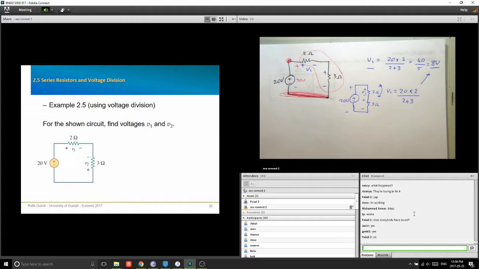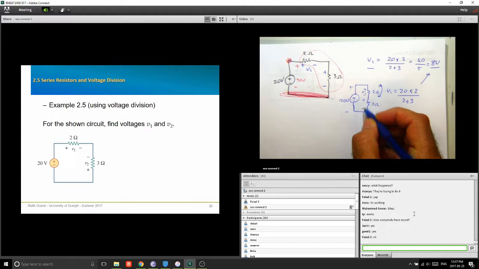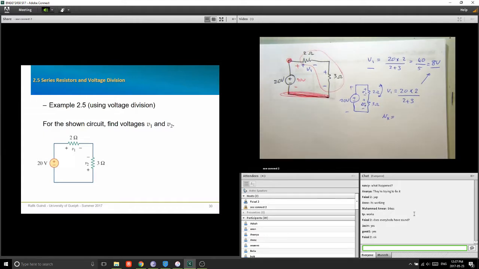I understand. I just put it this way because of how it should be according to the rule. I'll explain that right now. I'll tell you what I'm doing. I'm going to call this one Vx. Now I can apply the rule: Vx equals 20 times 3 over 3 plus 2, which is 12 volts.